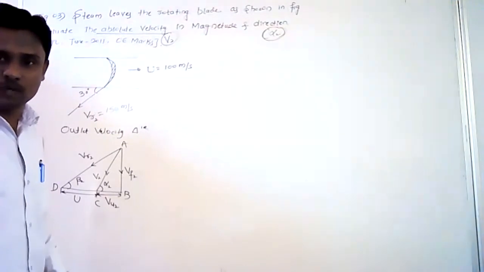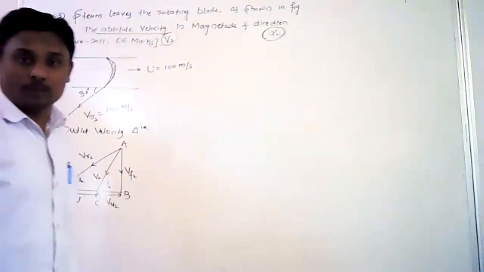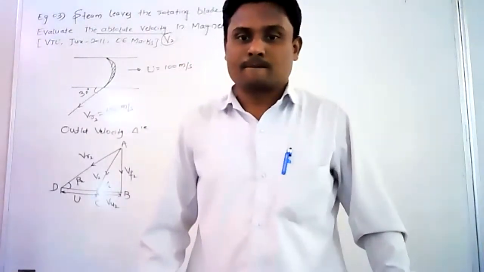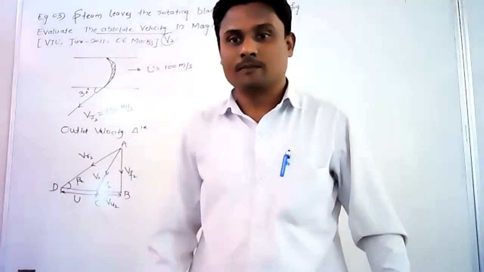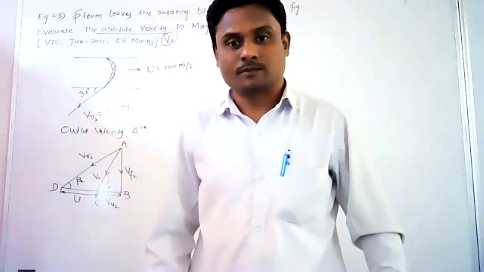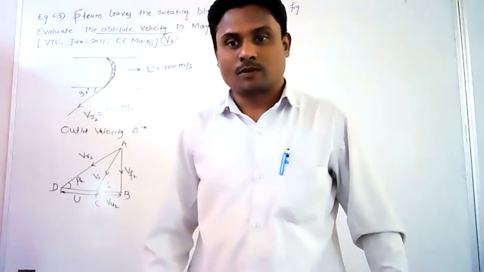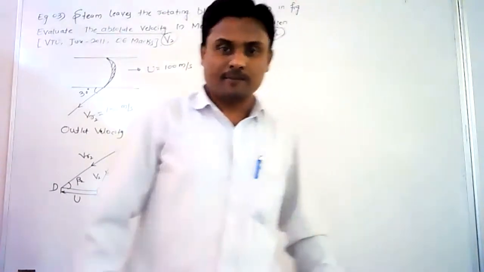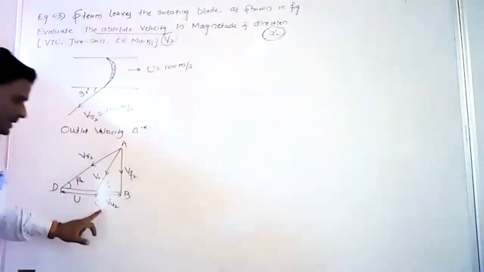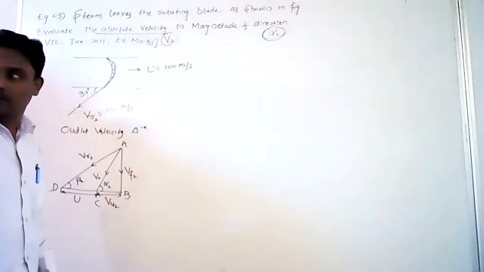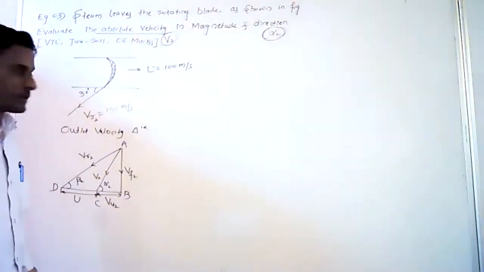Which formula, which rule, are you going to use? Just observe the velocity triangle ACD and tell me which rule you are going to use. Cosine rule, sir. Cosine rule.